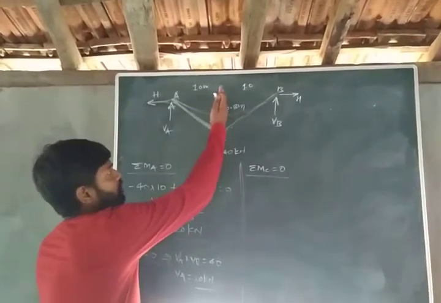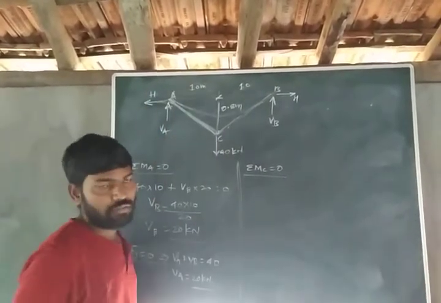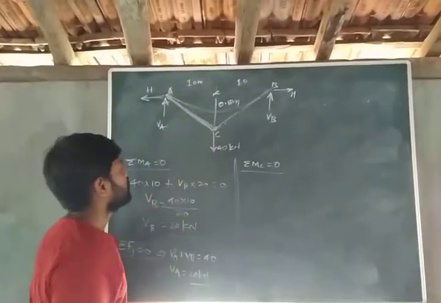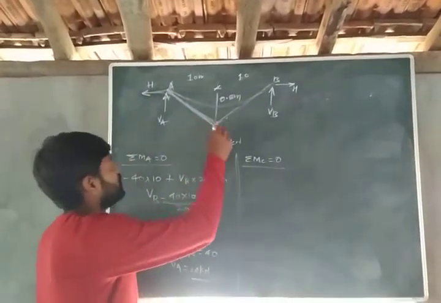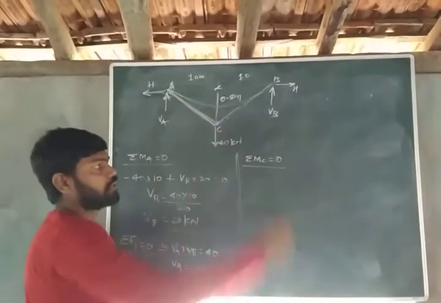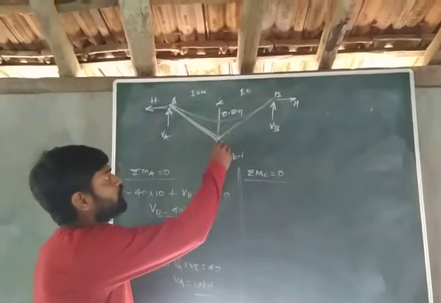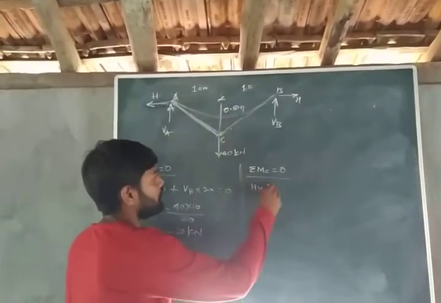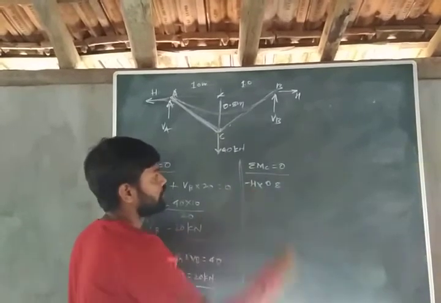So if you consider the left side of the section at point C, and if you take the moment, see how many forces are there. This is H and this is V, and moment of this 40 kilonewton will be 0 because I am taking the moment at C. So H multiplied by distance 0.8 meter, and it will cause anti-clockwise moment.